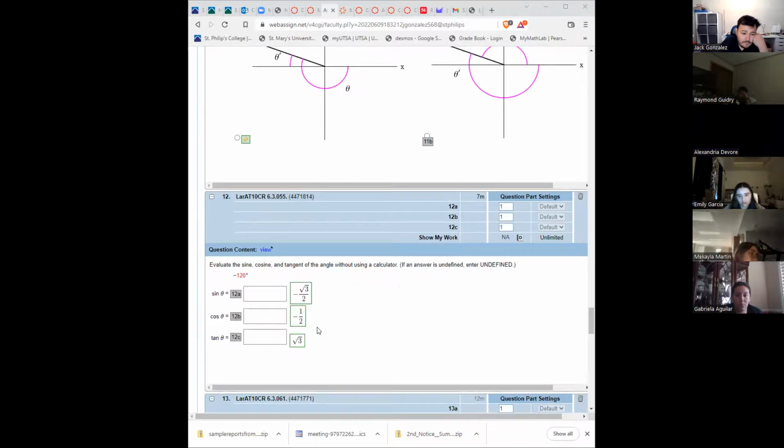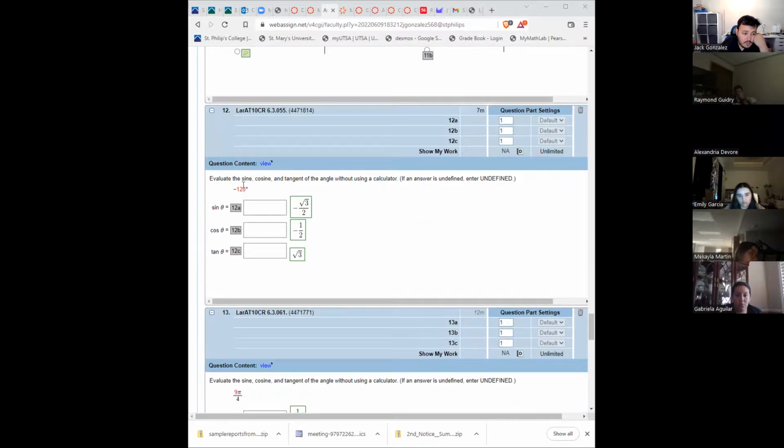Alrighty. Here they just want you to plug this into your calculator, so just use the coterminal angle or just plug that in directly. All right, negative 120 plus 360. That's going to be what? 240. So you can just plug in 240 inside sine, cosine, tangent on your machine, and you'll have these answers.